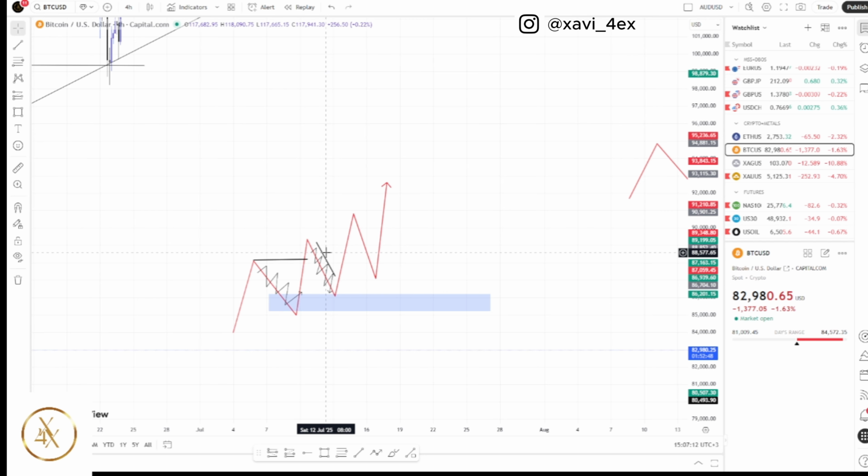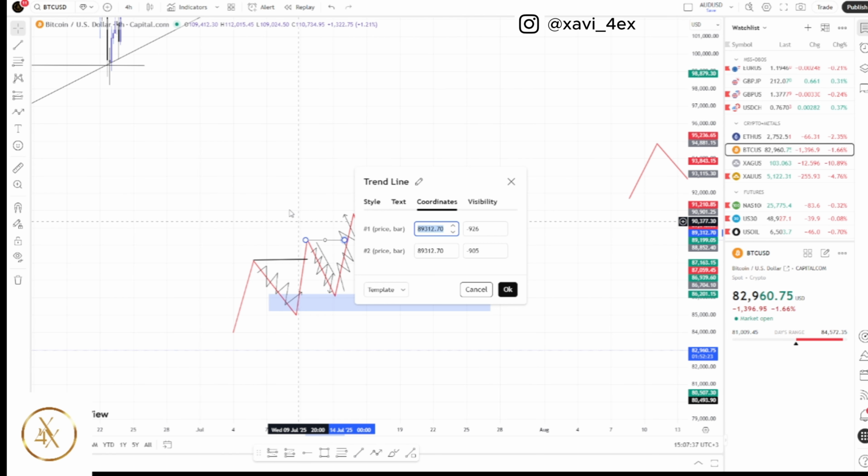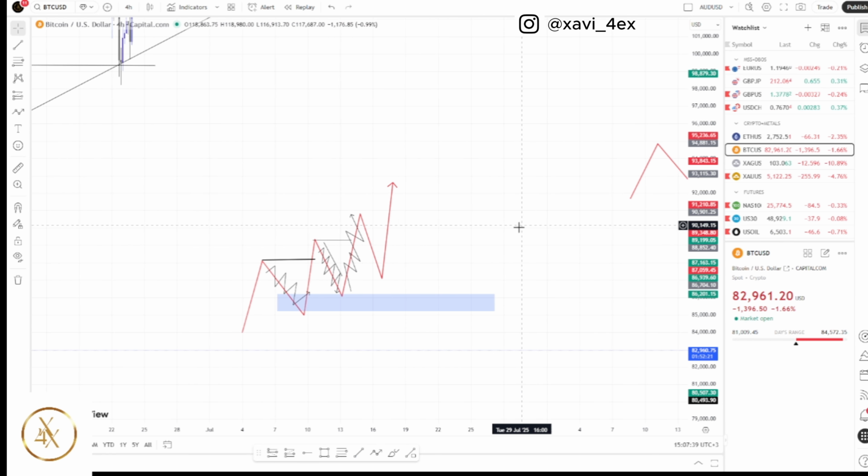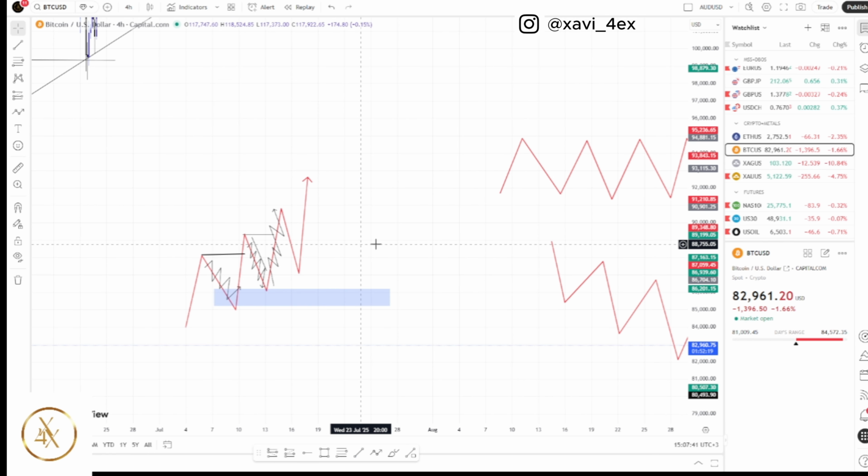And what will the market do? The market will come to take out that liquidity with the initial buy. And this will be taken out. So on and so forth.